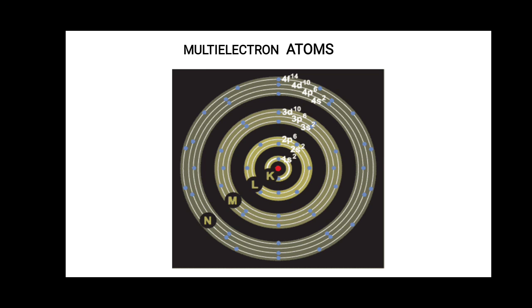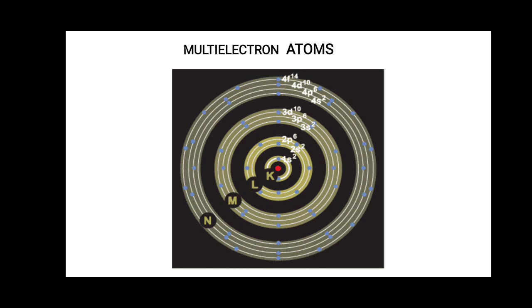Suppose here is the structure of an atom. There are some electrons revolving, that means rotating, around the nucleus. Here is the nucleus.